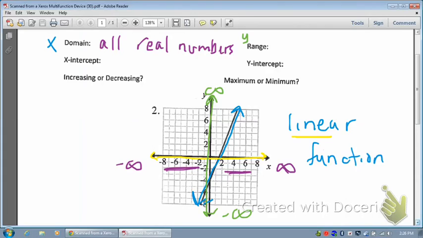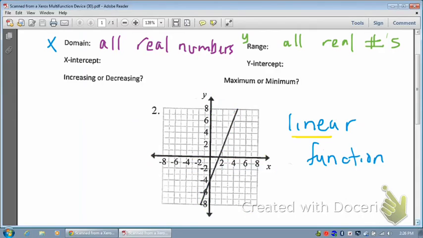You can't put negative infinity to positive infinity in set notation, so we're just going to write, again, all real numbers. That's including your negative numbers, your positive numbers, fractions, everything is included in this graph.